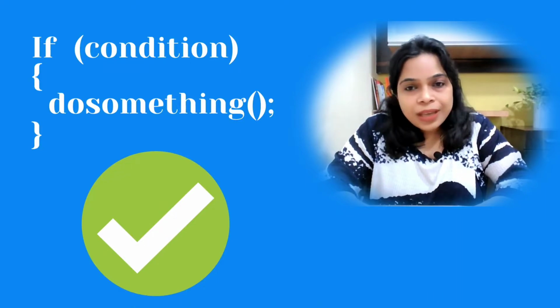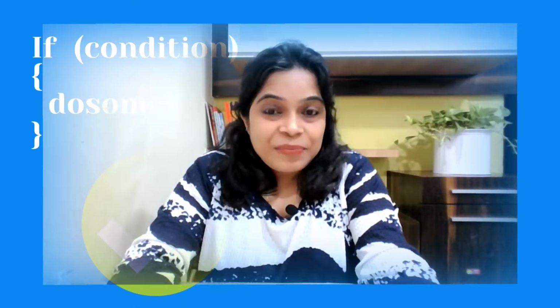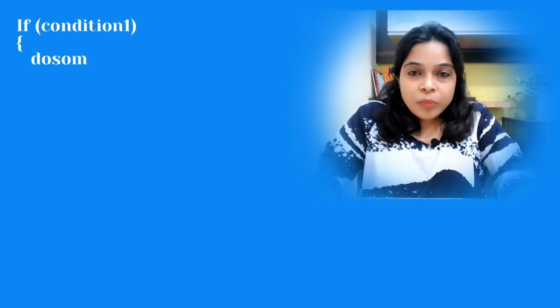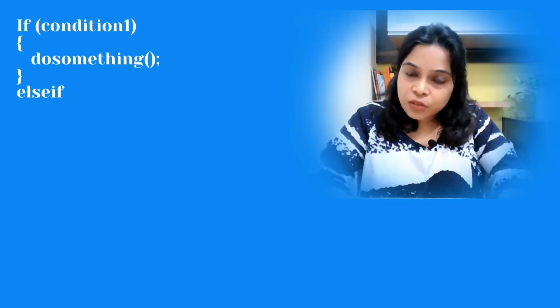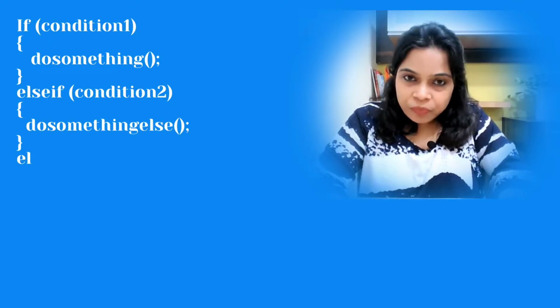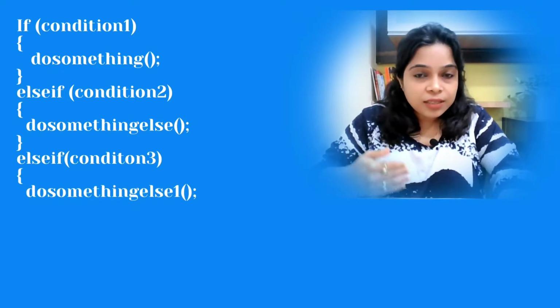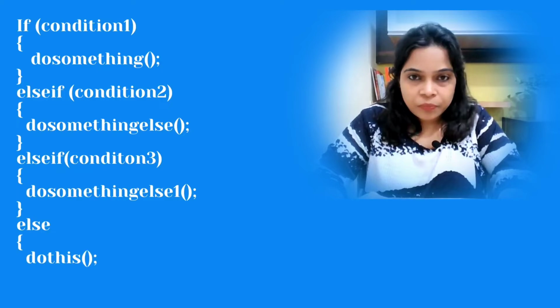And you can make it more effective and more interesting by adding multiple else if conditions, something like this. But remember one thing: as soon as one condition is found to be true, the conditions written in else if after that statement will not execute. Let me explain it better.